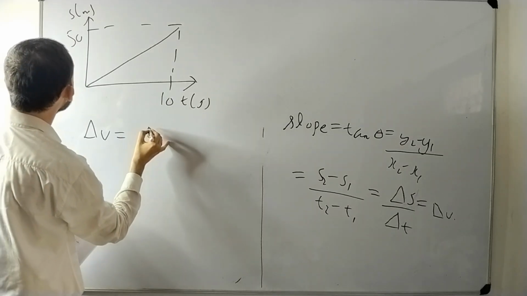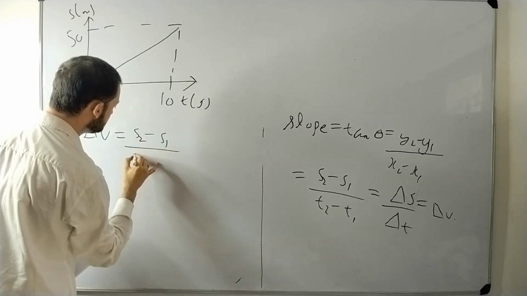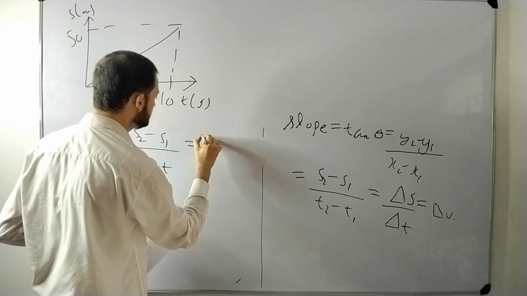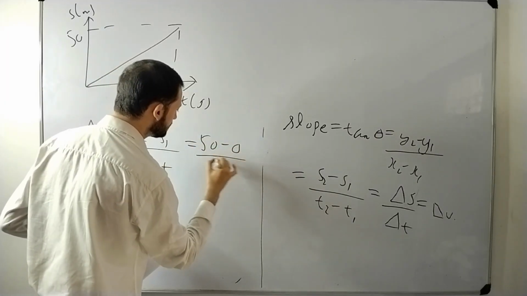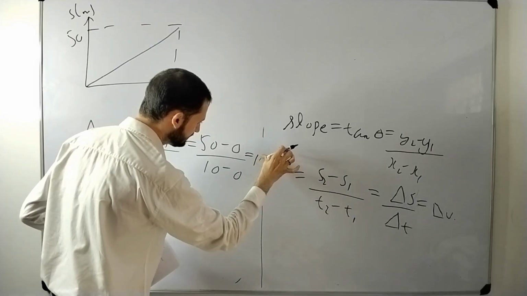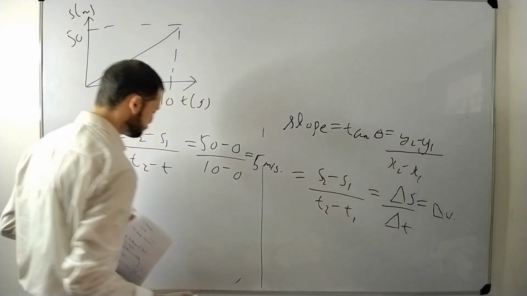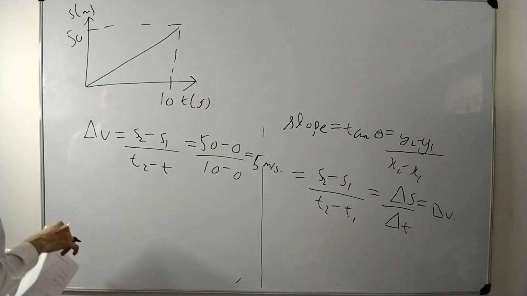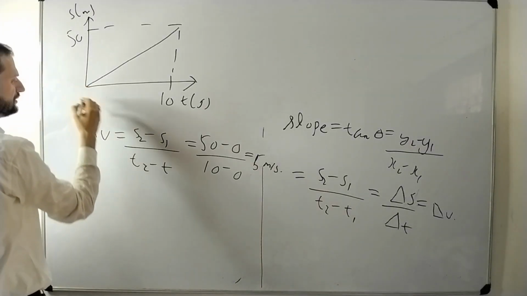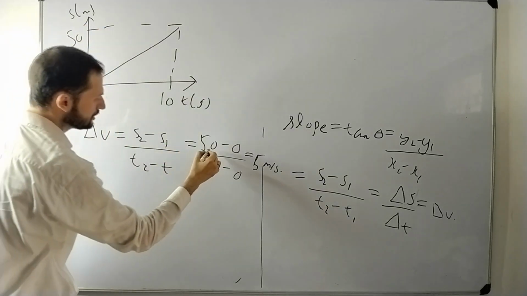First let me write down the formula: S2 minus S1 over T2 minus T1. This should give us 50 minus 0 over 10 minus 0, and this is 5 meter per second. Yes, we have understood that you have taken S1 to be 0 and this to be 50 meter.